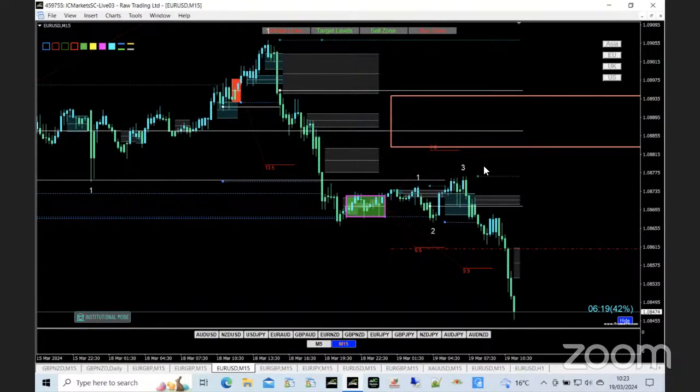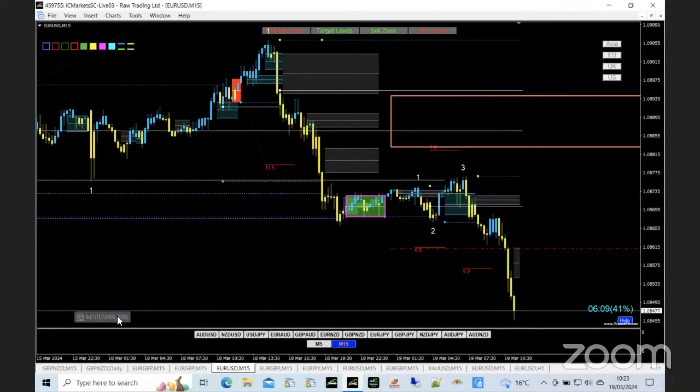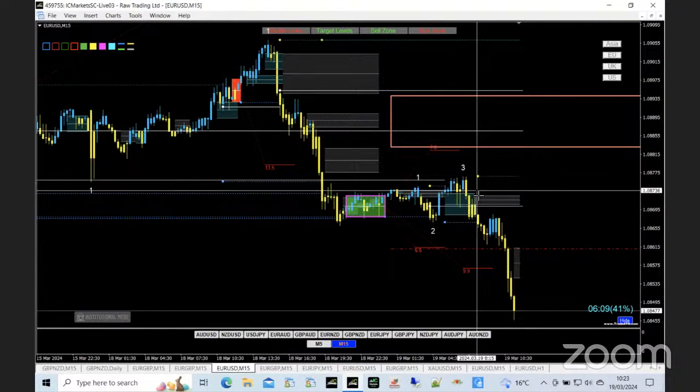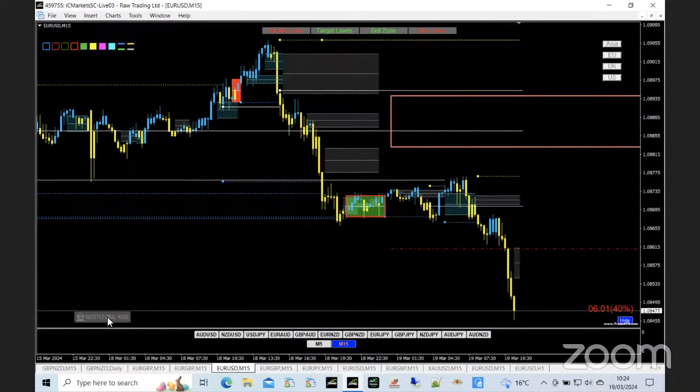Now, you could have done very good results with this. Why? Because if you know how to use it, this would have been the ideal entry: the yellow candle, the bearish yellow candle that closed below the fair value gap, which happened here.